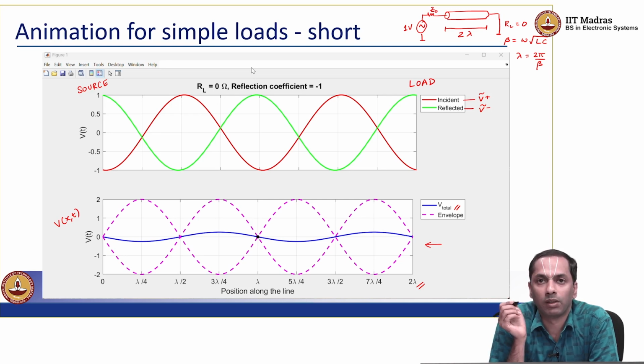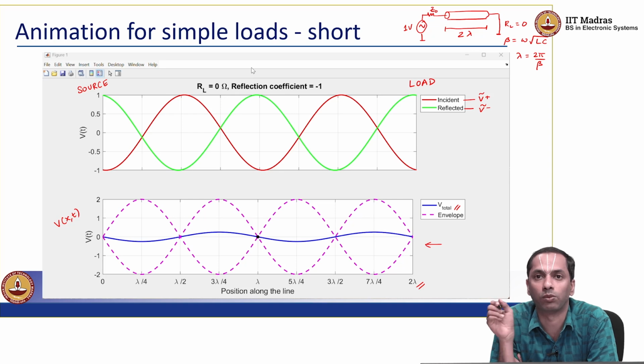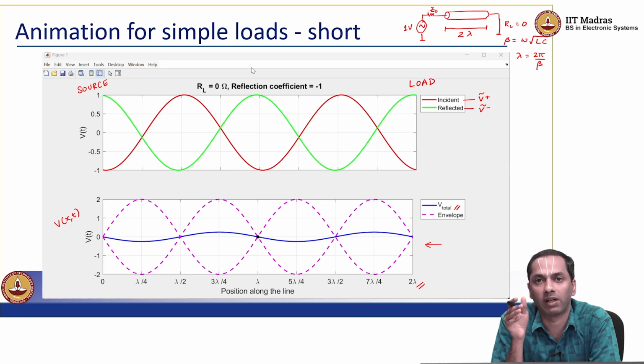I'll play the animation, and you can see why we call the red curve the incident voltage, because it will look like it is moving to the right. Remember, this is the wave phenomenon. To our eyes, in the animation, it will look like the red curve is moving to the right and the green curve is moving to the left.